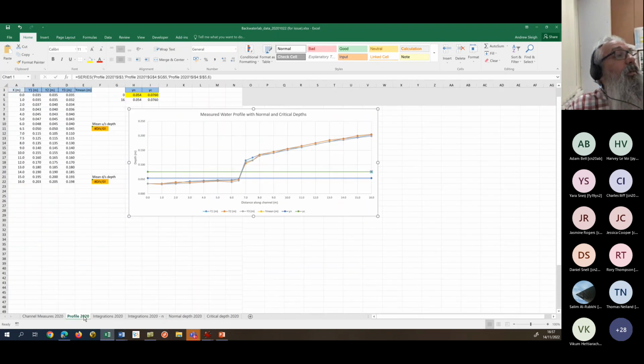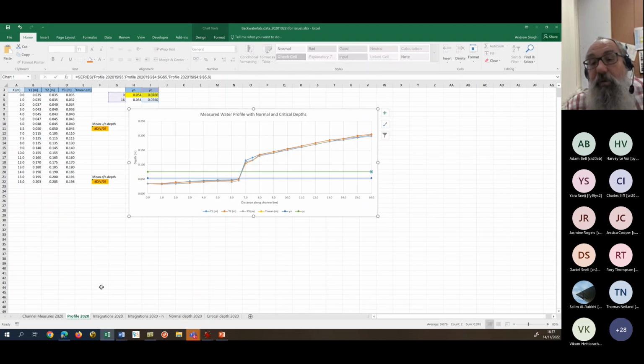So while the uniform flow equation is not actually used, and normal depth is not actually used, the terms within it are used, and it's a useful exercise. Okay.